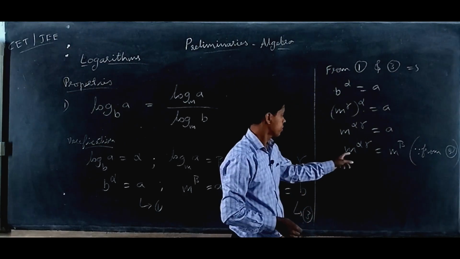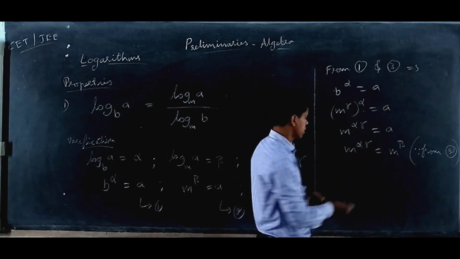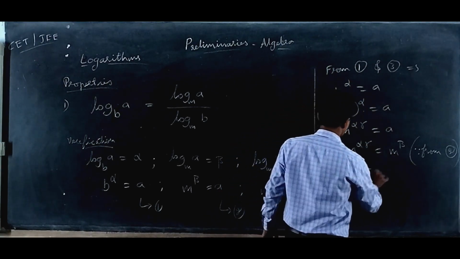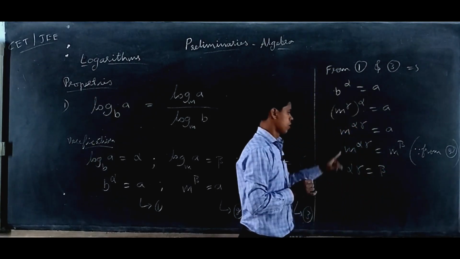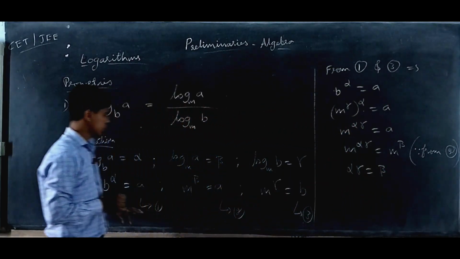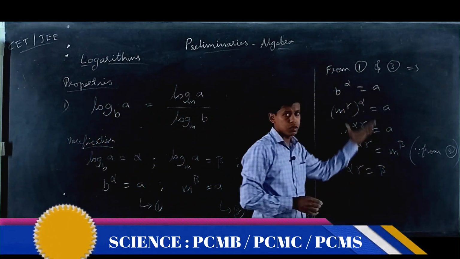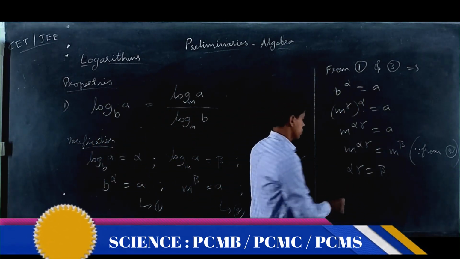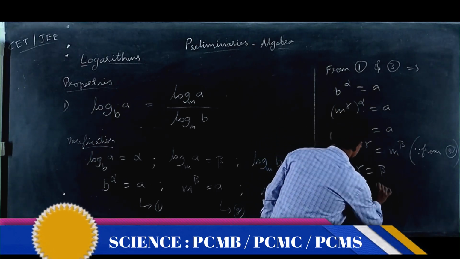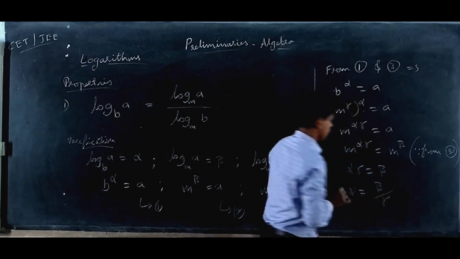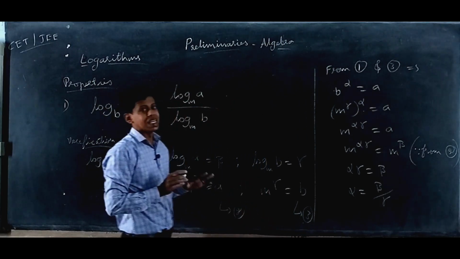Well, now the bases are equal, that means the powers are also equal, the indices are equal. Now finally, what is alpha? What is alpha from this? I hope you understood the sequence here. Okay, so now this is beta divided by gamma, that's it.